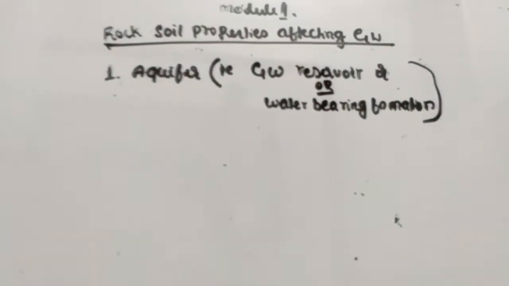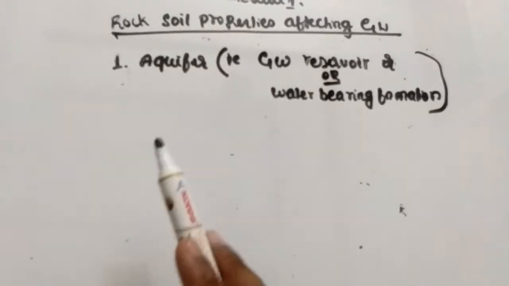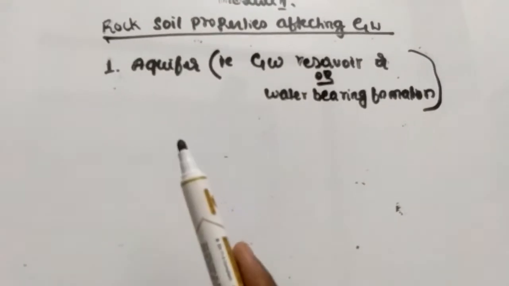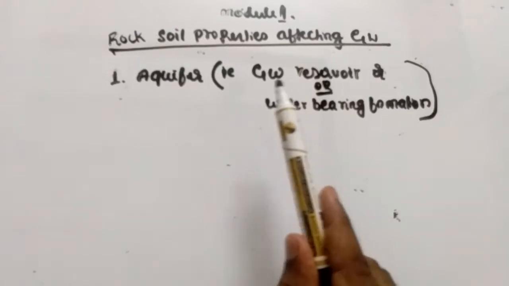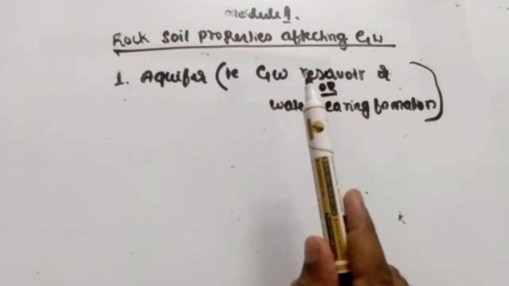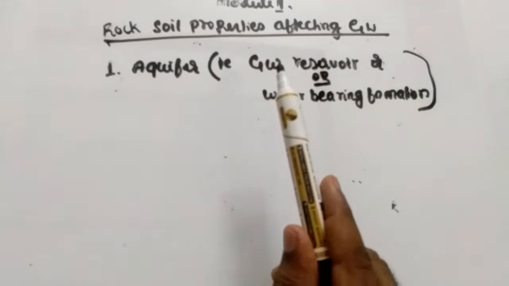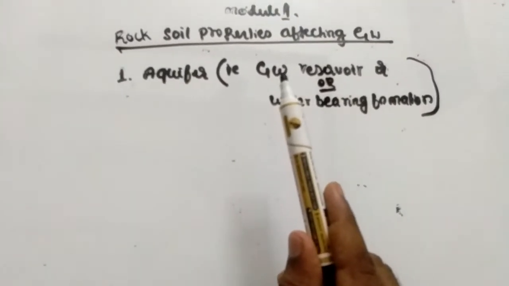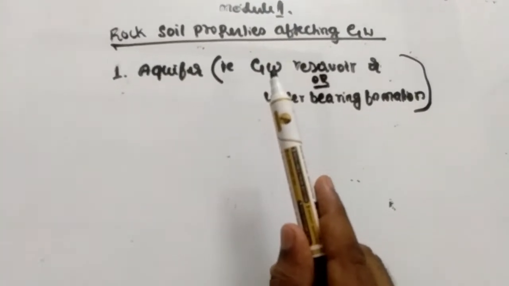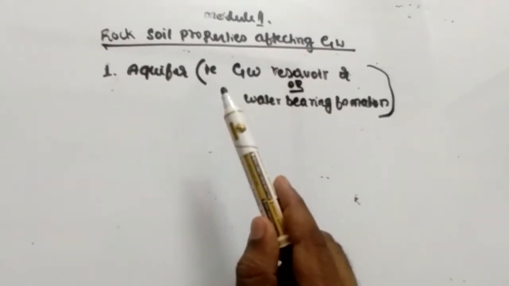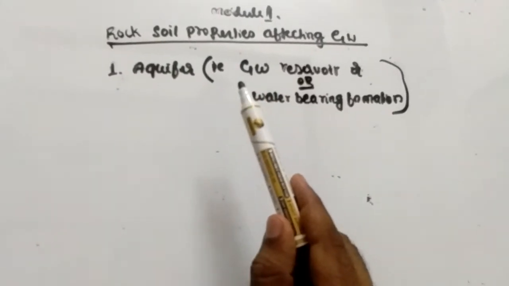Aquifer basically means a soil or rock formation layer wherein there are enough wide spaces for the groundwater to get stored as well as to move.